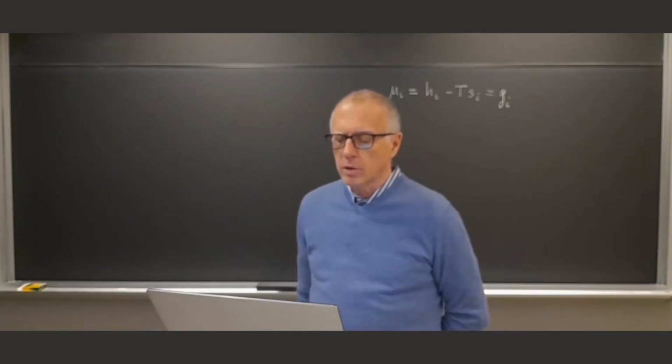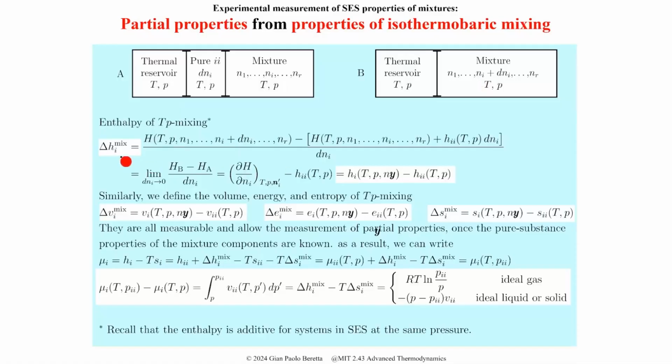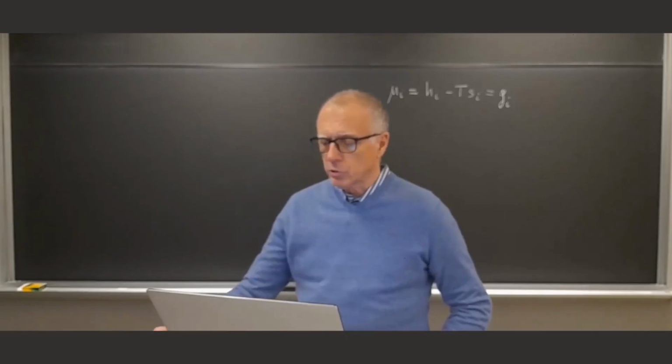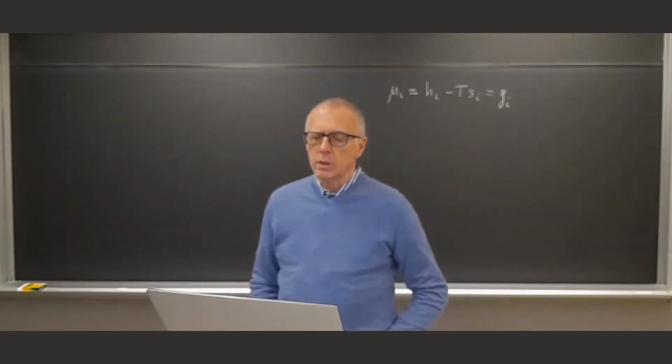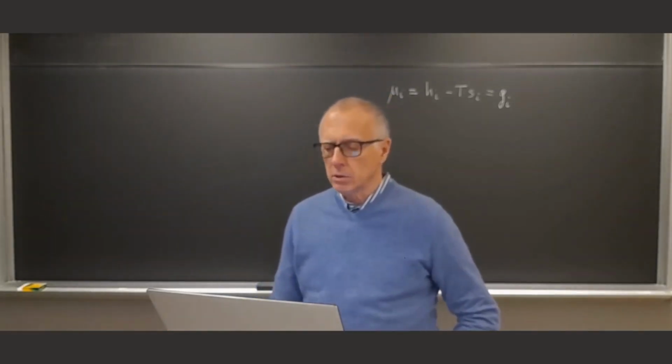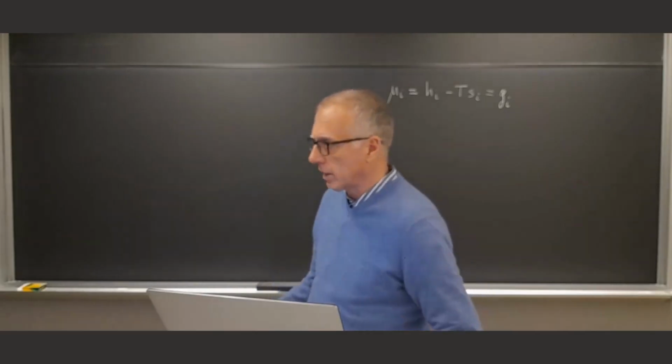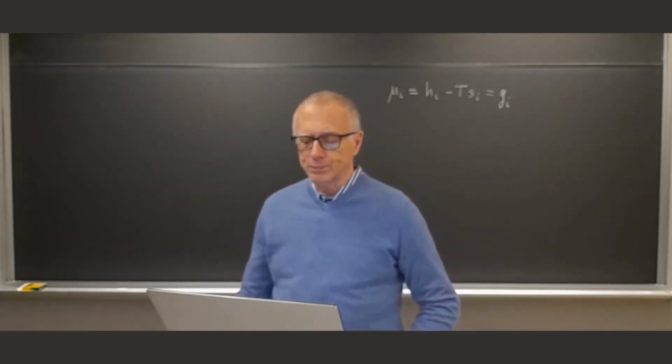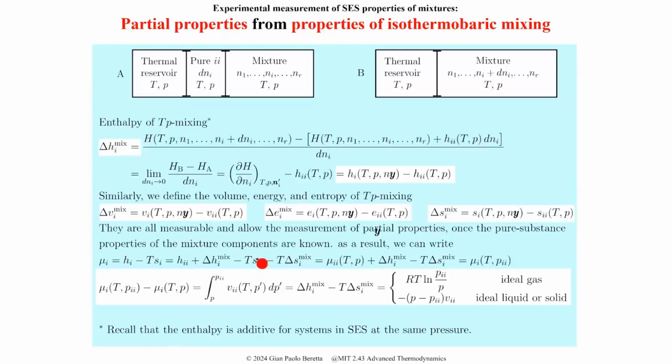So that means that since you can measure this with a calorimeter and you know the properties of the pure substances, then you have measured the partial enthalpy of the component in the mixture. And this doesn't require any particular assumptions about the mixture being ideal or non-ideal. We actually haven't even defined yet what ideal means. It's simply a tool, a method with which people measure properties of mixtures.